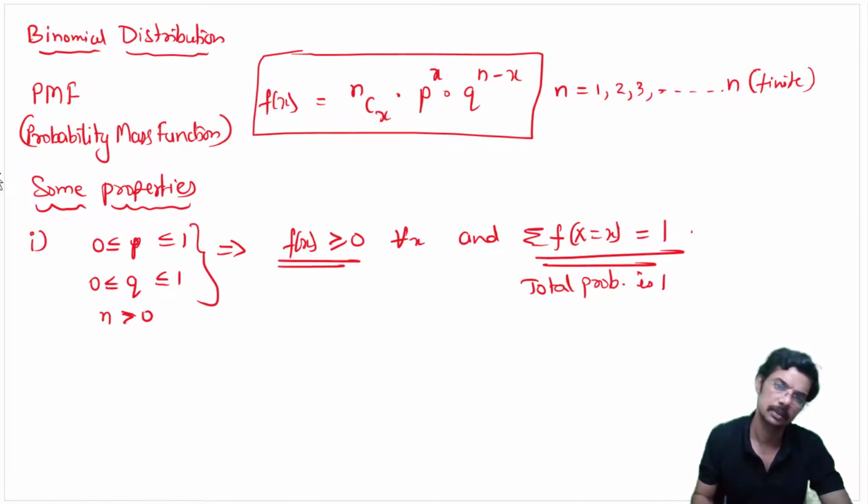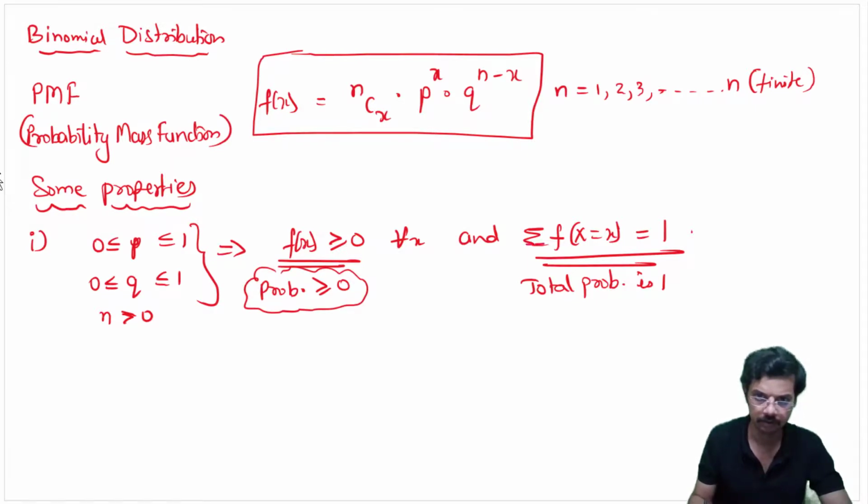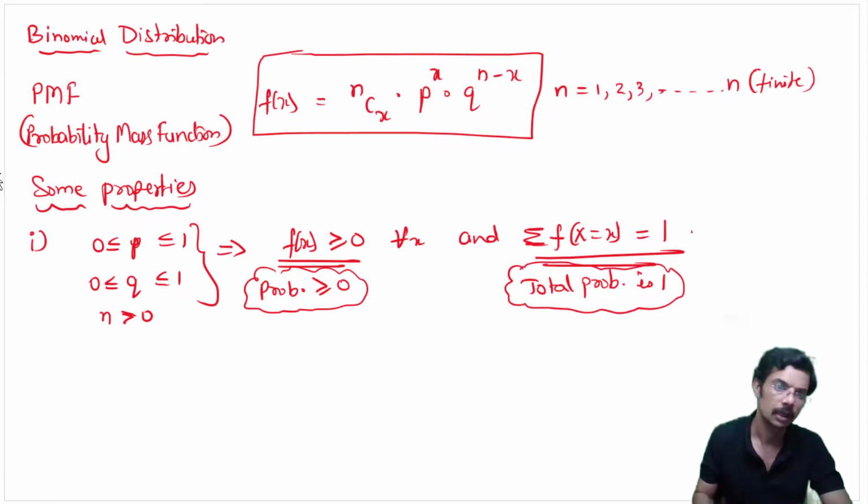Probability is always greater than or equal to 0, a non-negative value. This is what we need to understand.